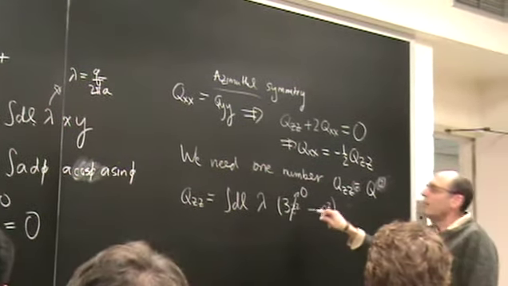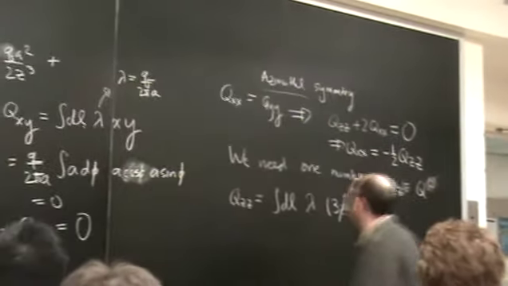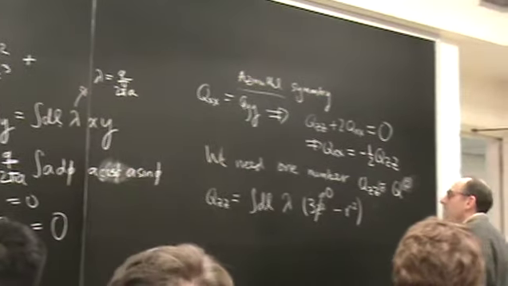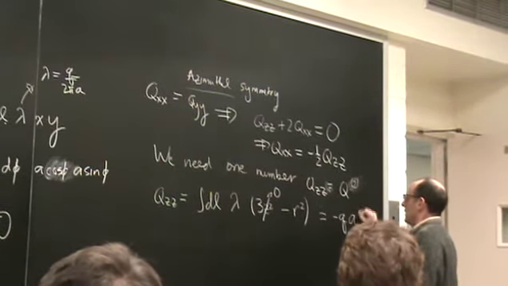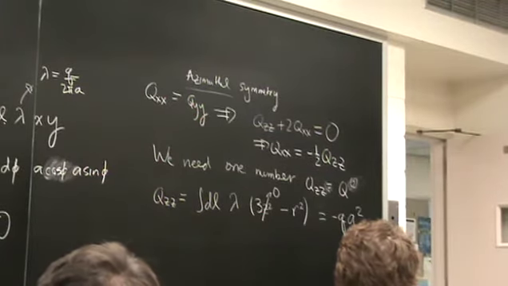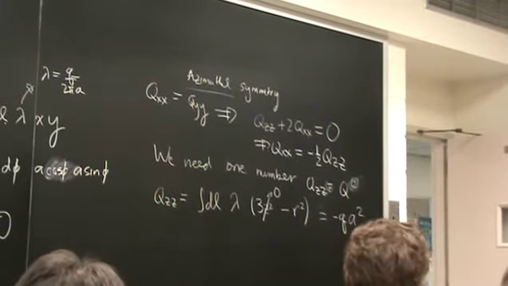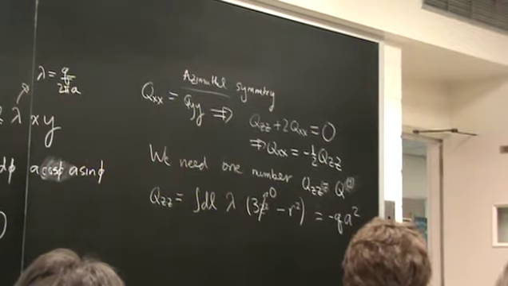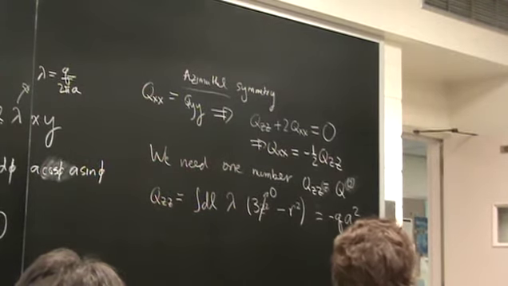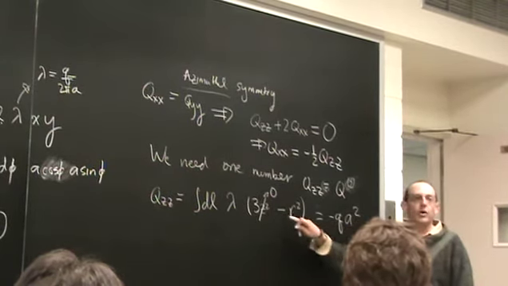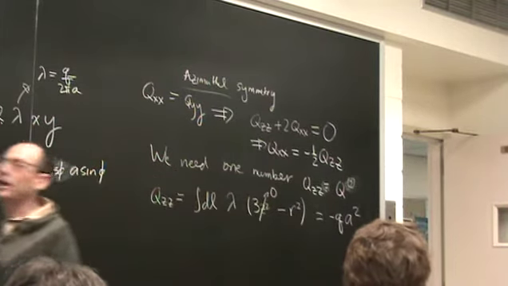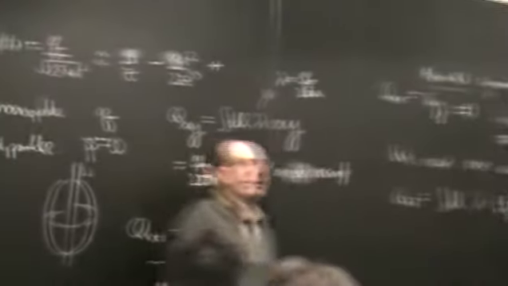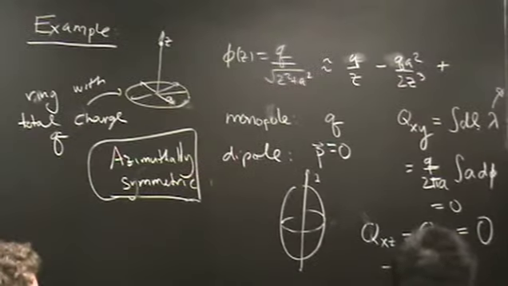But all the points are the same distance from the origin. They're a distance a. Therefore, this is minus q a squared. Is that clear? These are the coordinates of the charge distribution. In this case, the charge distribution was localized at z equals 0, so I just plugged in that value for z.